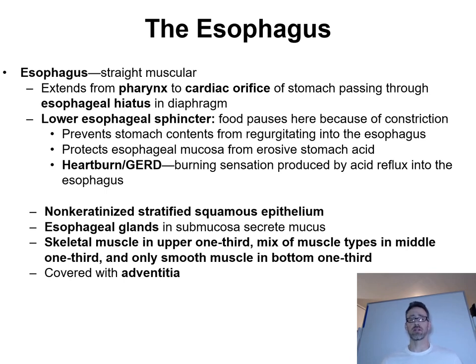And clinically this is relevant because if you have diseases that affect alpha motor neurons, and alpha motor neurons are the neurons that innervate striated muscle. That means if somebody had a stroke, or they have ALS or myasthenia gravis, for example, and these are affecting these alpha motor neurons, that means that it's affecting the pharyngeal muscles as well as part of the esophagus and can lead to something called dysphagia, where there's a difficulty in swallowing.